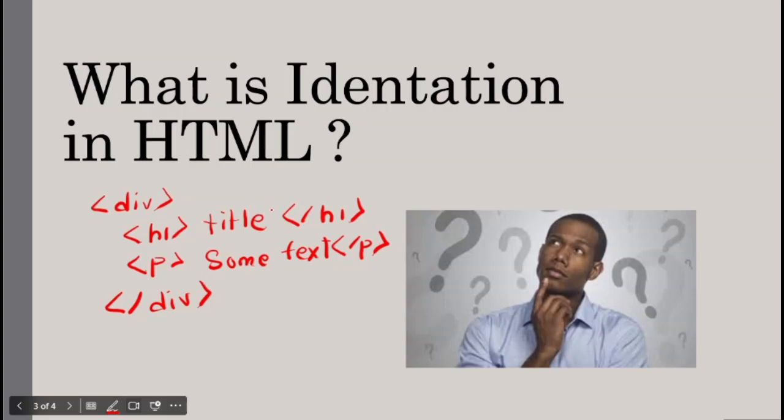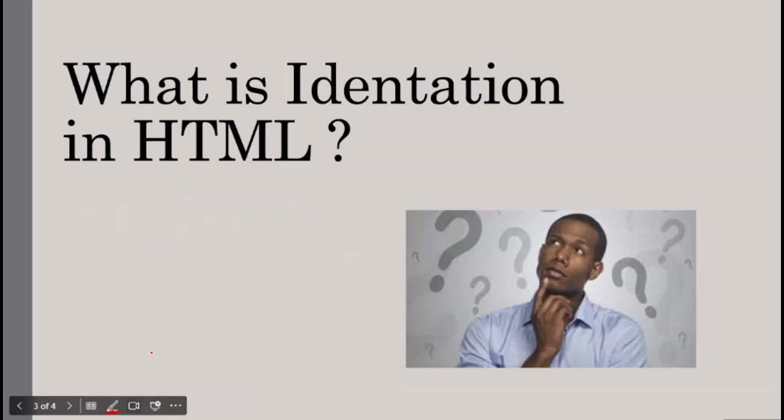Now it is clean and easy to read: there is a div opening tag, and within it there is one h1 with a title and a p with some text, and then we applied the closing tag of div. So each time we nest an element inside another, we press tab or use two spaces to indent it.